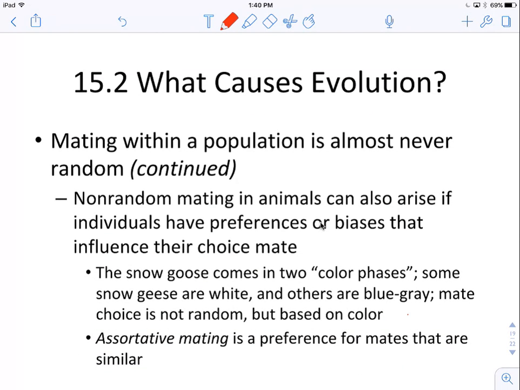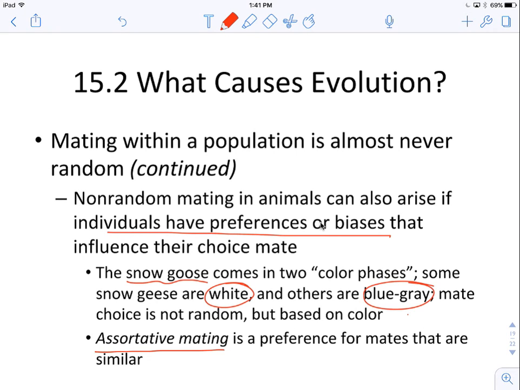There's also another example of non-random mating called assortative mating. Basically, this can happen if individuals have preferences or biases that influence their mate of choice. So our good friend, the snow goose, comes in two colors, white and blue-gray.